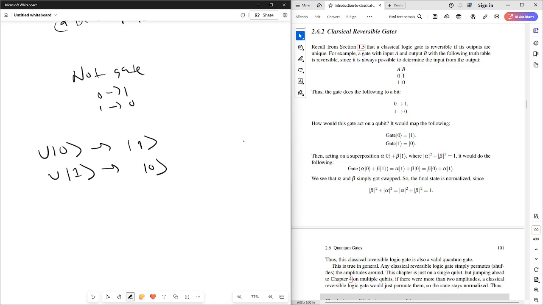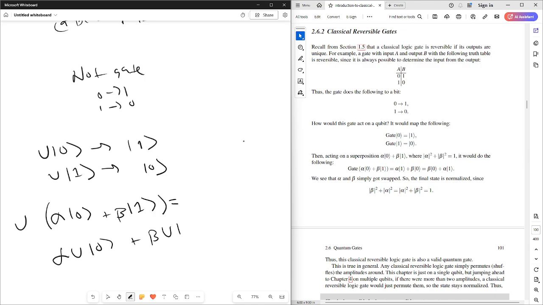Therefore, if we're acting on a superposition, this NOT gate, this U gate, which is a NOT gate, will have the effect of, we distribute that through.